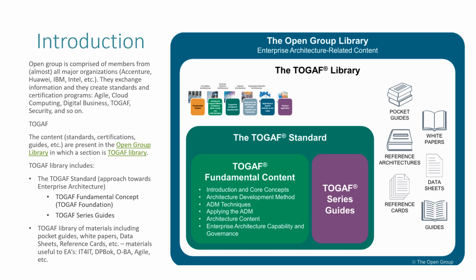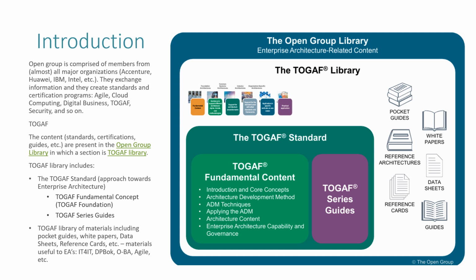Now, the Open Group is an open group, and it's comprised of members from major organizations. These people come together, they exchange information, they create standards, and they also create certificate programs related to agile, cloud computing, digital business, TOGAF, security, and so on.